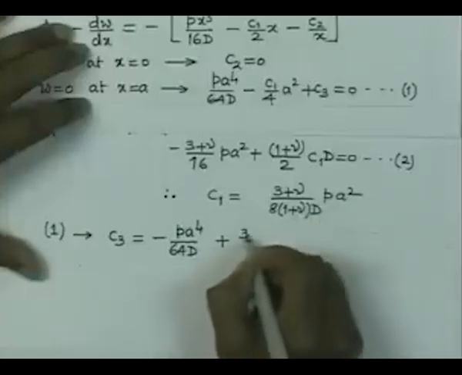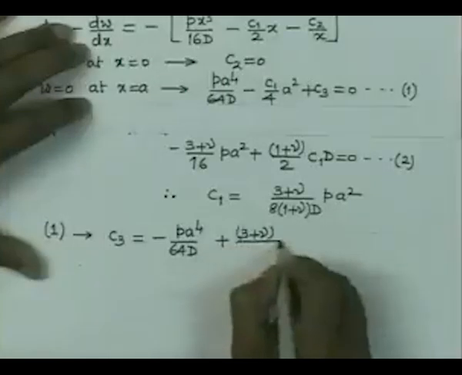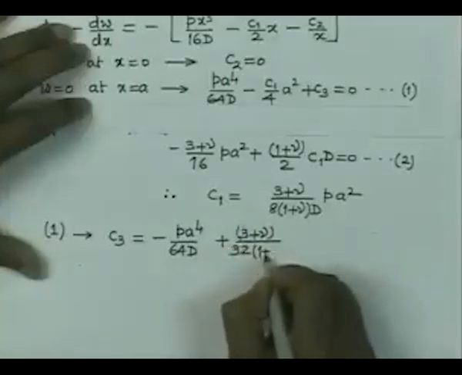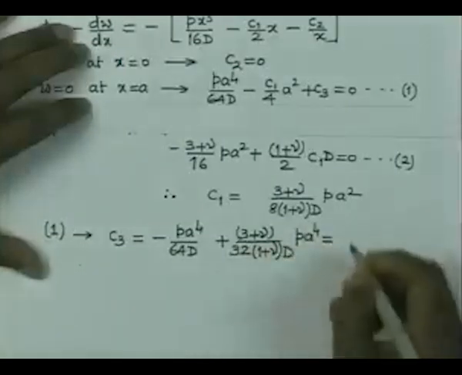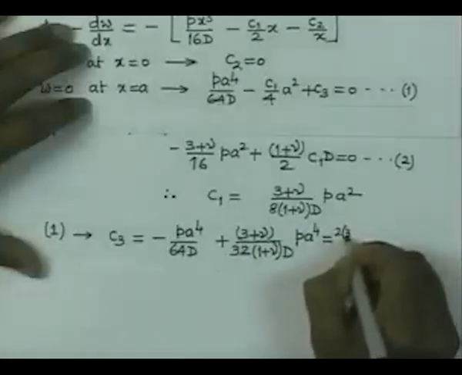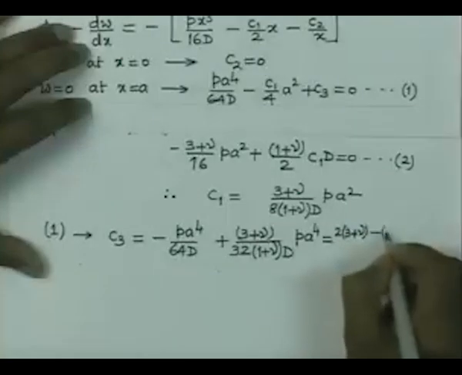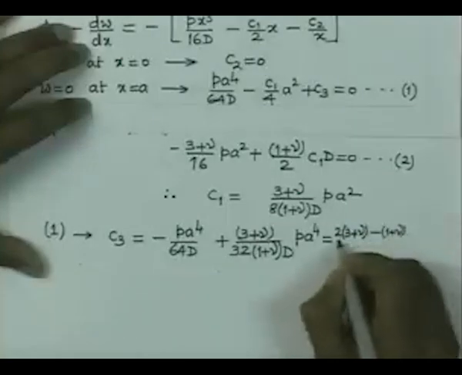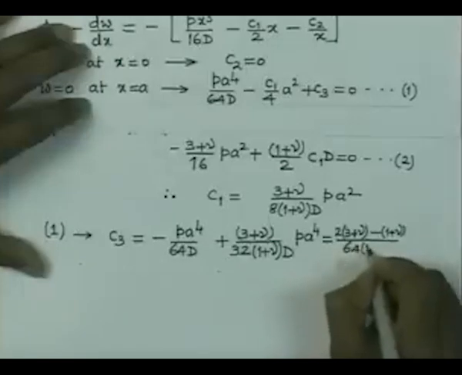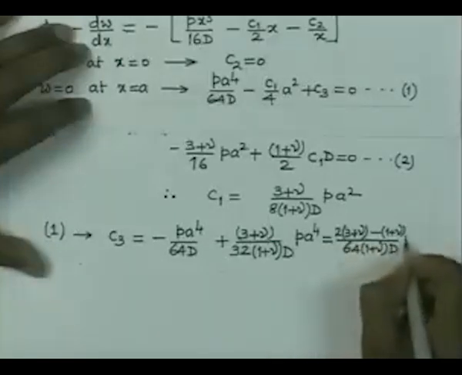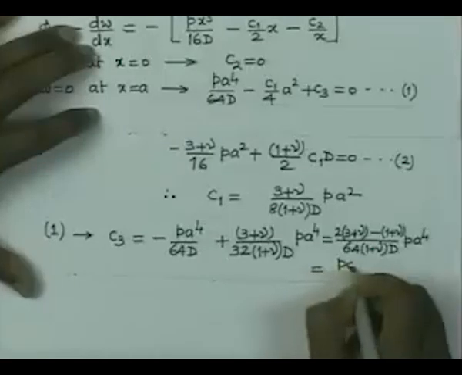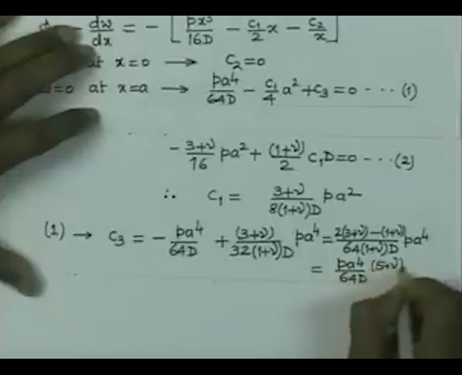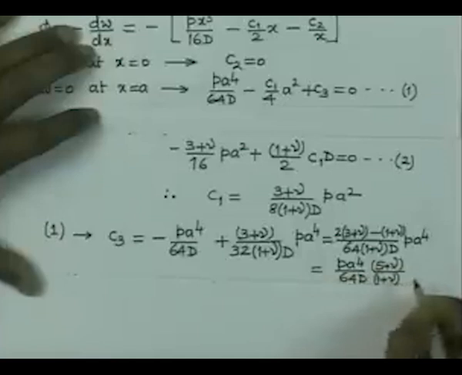So, therefore, it will be 3 plus nu by 32 into 1 plus nu into D p a^4, and that gives us 2 into 3 plus nu minus 1 plus nu by 64 into 1 plus nu D p a to the power 4, which simplifies to p a^4 by 64D into 5 plus nu by 1 plus nu.